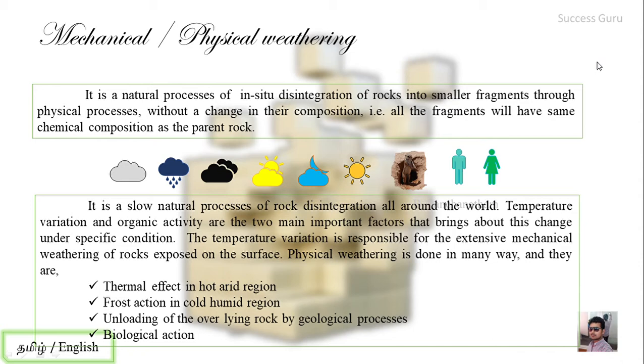Physical weathering can be done in many ways, classified as: the thermal effect in hot and arid regions, frost action in cold and humid regions, unloading of overlying rock by geological processes, and the last one, biological action. These are the four main methods of physical weathering, so we will see them one after the other.